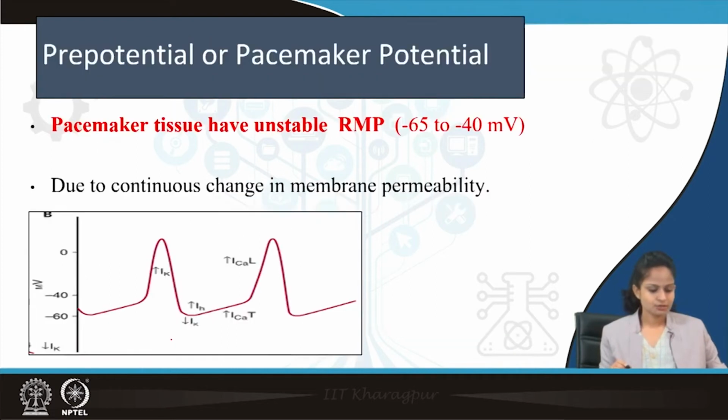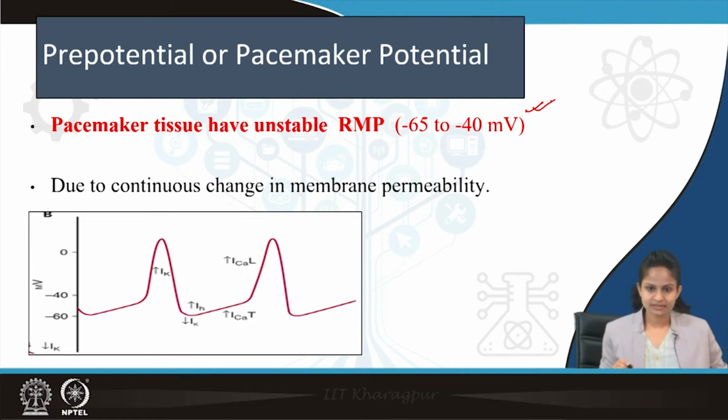So, the pacemaker potential, I had already told you, has an unstable resting membrane potential because of the continuous change in the membrane permeability. It is minus 65 to minus 40 millivolt, more specifically minus 50 for the SA node and minus 60 for the AV node. There are various phases for the pacemaker potential of the SA node and the AV node nodal tissue.